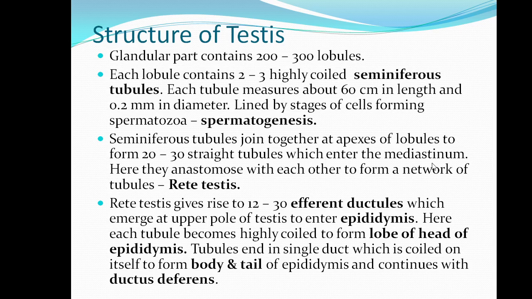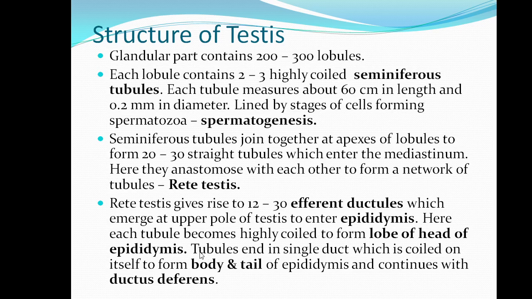The seminiferous tubules join together at the apexes of the lobules to form 20 to 30 straight tubules which enter the mediastinum. Here, they anastomose with each other to form a network of tubules known as rete testis. The rete testis gives rise to 12 to 30 efferent ductules which emerge at the upper pole of the testis to enter into the epididymis.